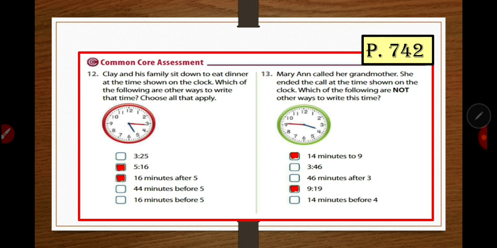Okay, why? What is the time? The time is 3:46. Or you can say 46 minutes after 3. Or you can also say 14 minutes before 4. Did you get it? Very good.